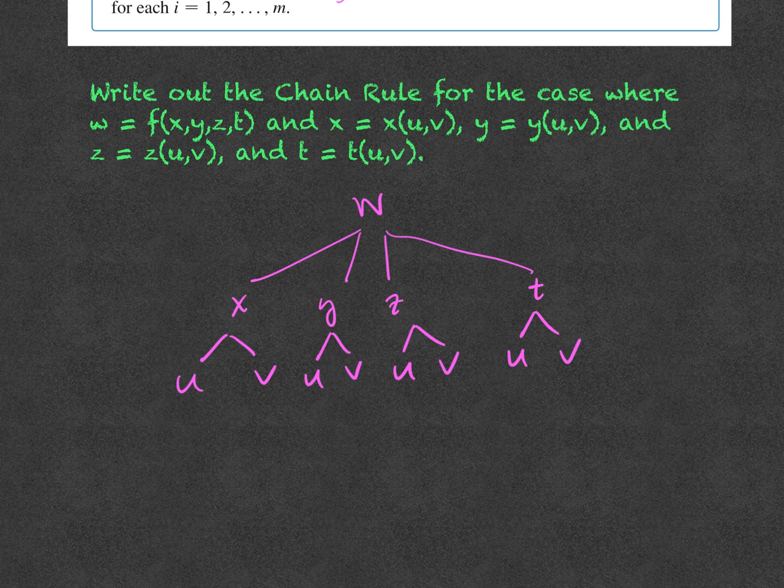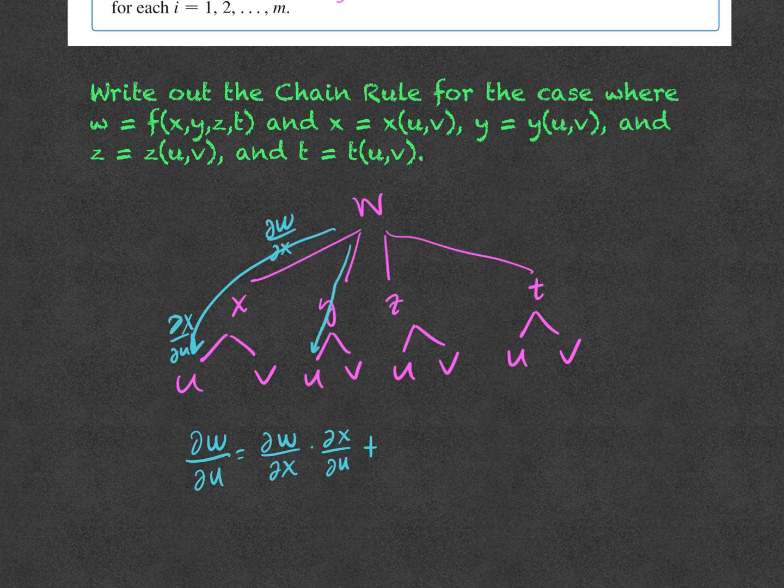So you're supposed to write the partials in there. So we're going to trace this path right here and say the partial of w with respect to u is equal to the partial of w with respect to x times the partial of x with respect to u. Plus, we're going to travel down the u path.